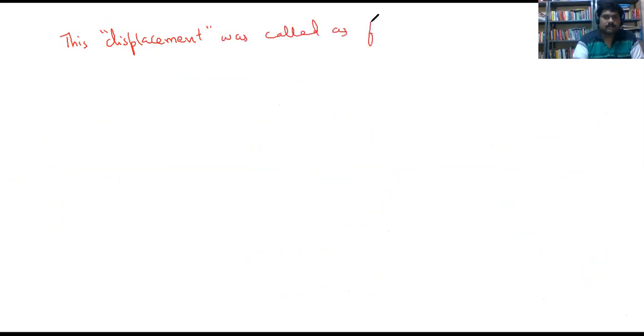So this he called displacement. This displacement he called flux. So this displacement from inner sphere to outer sphere was called flux.